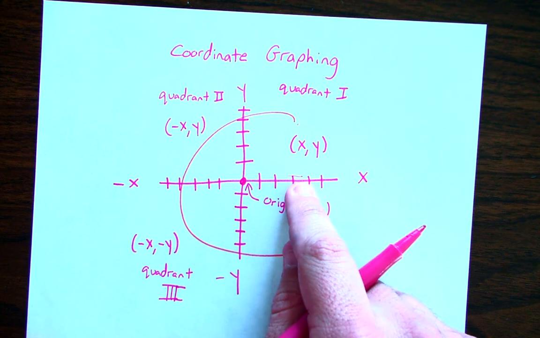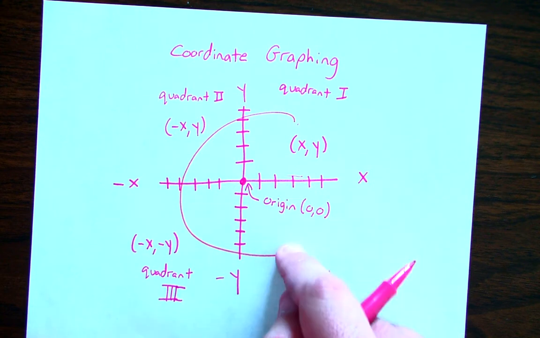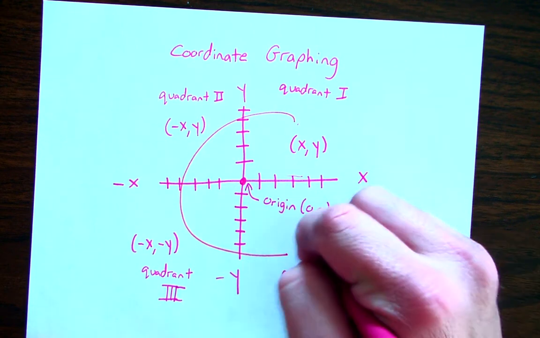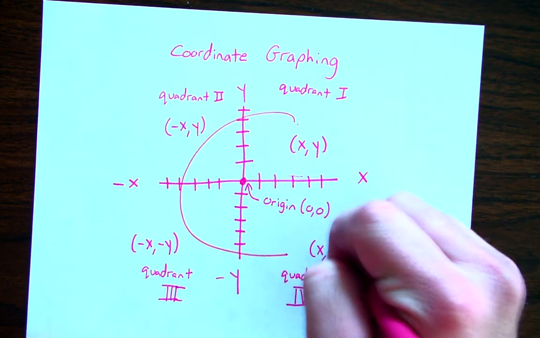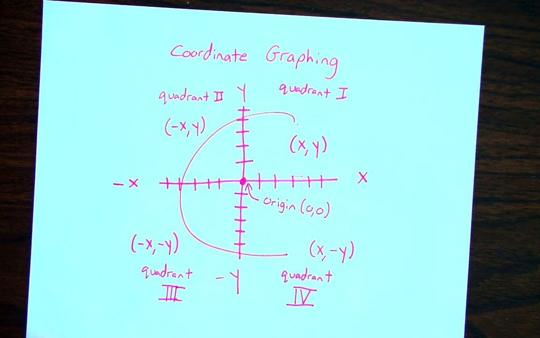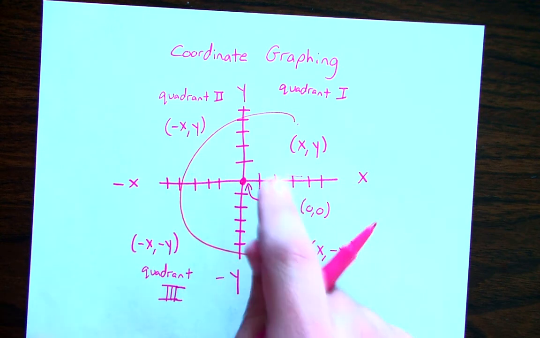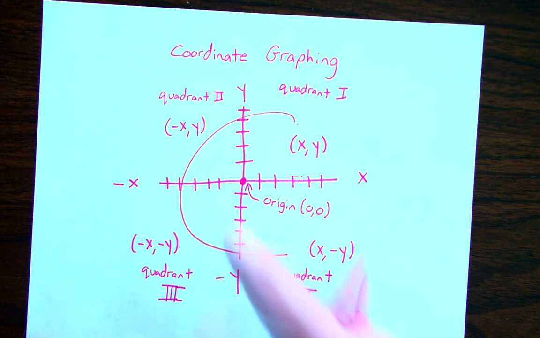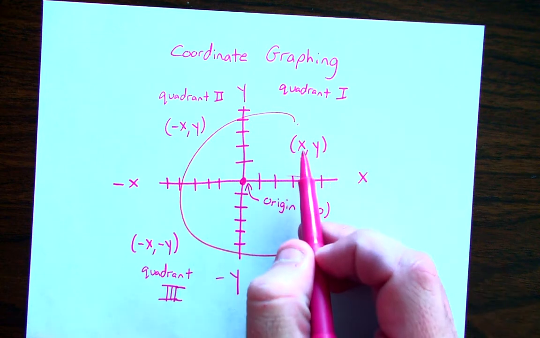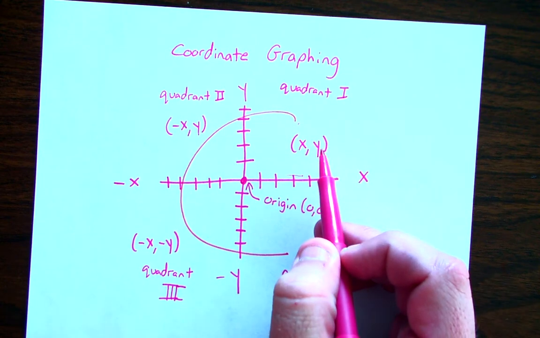Quadrant 4 is when your x value is positive, but your y value is negative. Now, whenever we're graphing, we have to move left or right before we can go up or down. So just like the alphabet, x-axis before y-axis.